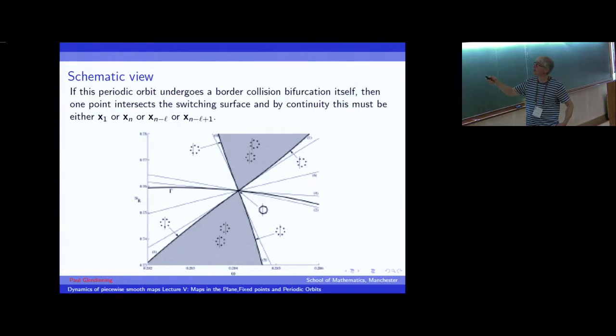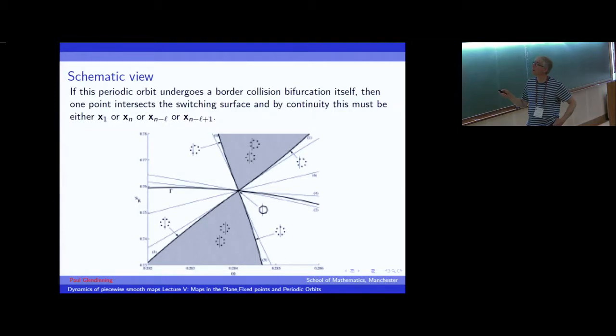This is x equals 0. And if you imagine what happens as you change parameters, these points move around, and you get a border collision if one of them hits the border. And so this left-hand side here is where that point there has hit the border.